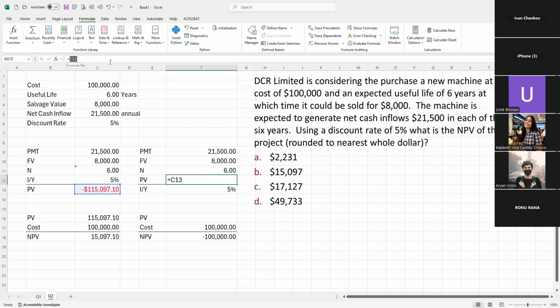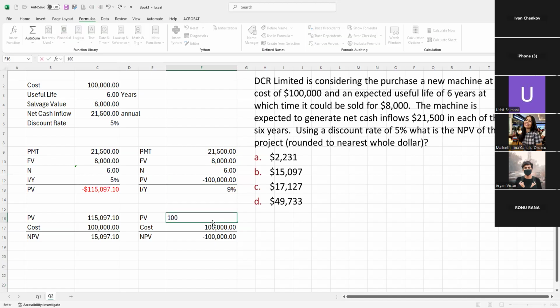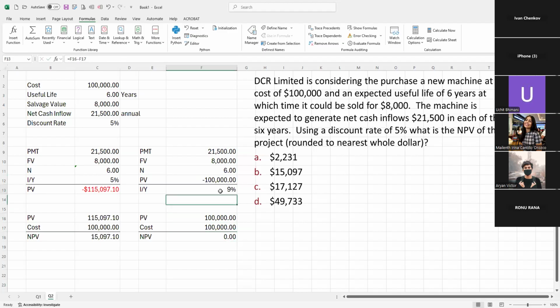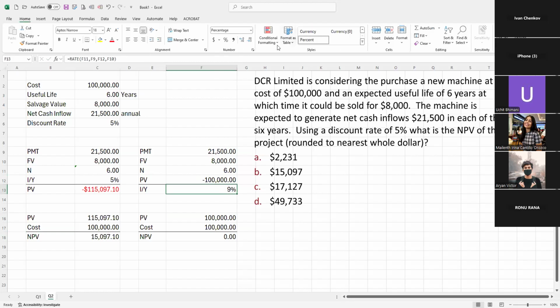So yes, if I enter here negative 100,000, my interest rate, again, if my present value is 100,000 here, I'm going to get 0. So what's the actual interest rate which is going to bring me to 0?